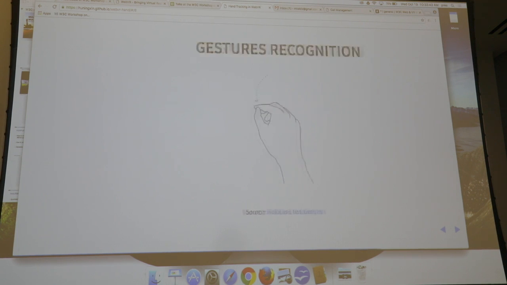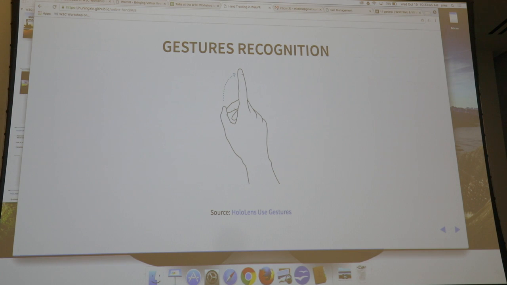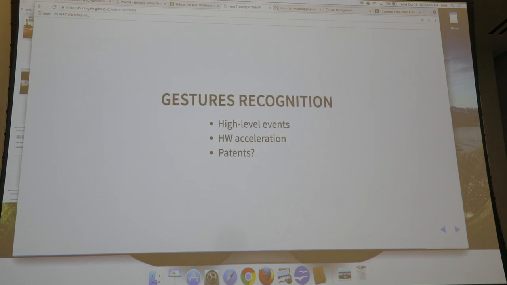Another aspect is gesture recognition. This is a gesture from HoloLens, the AirTap. Gesture recognition delivers high-level events, instead of us using JavaScript to process low-level raw sensor and tracking data.